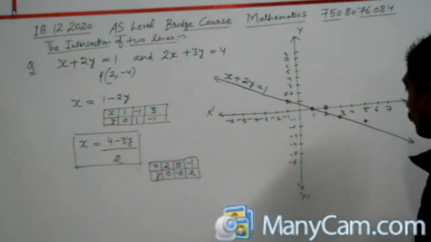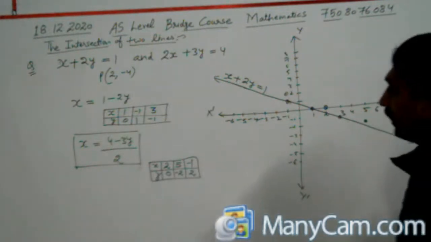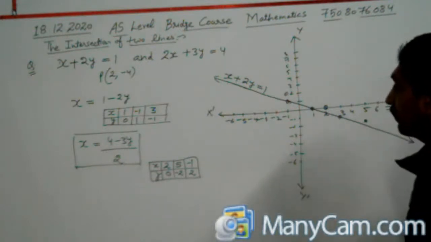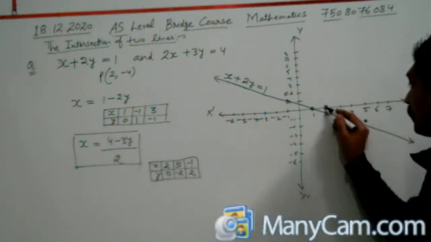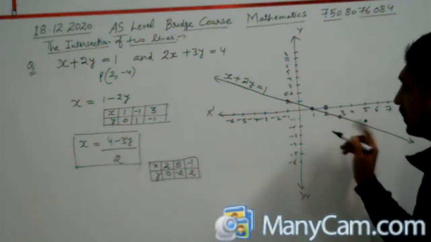So when we plot the point, where is the point? Here p is 2 and x is minus 4, 2 and 4. x is 2 and y is 4.